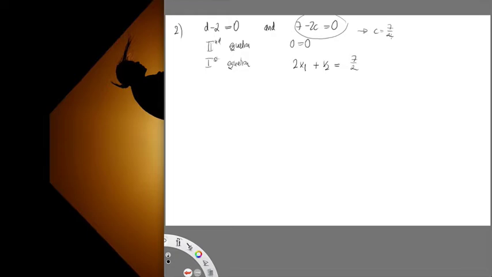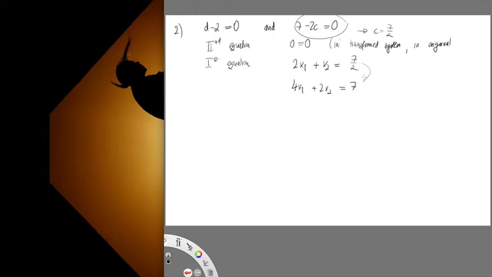I don't have a unique solution. I have an entire line or infinitely many solutions, and the problem is that my second equation simply doesn't bring any additional constraints because it's actually a multiple of the first one. Okay? What multiple? In the original, my second equation is 4x1 plus 2x2 is equal to 7.